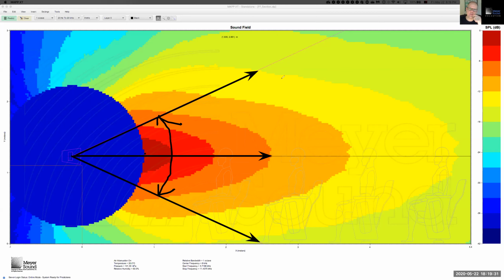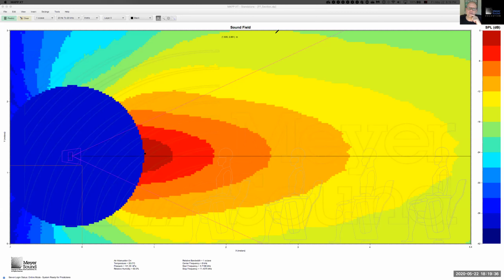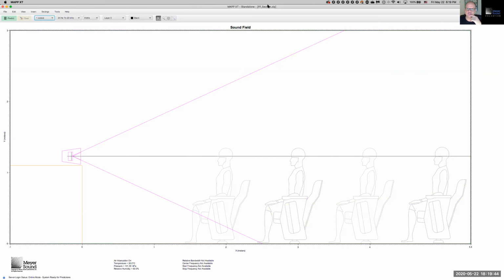So what does play a part? What is something that we need to be mindful of? Well, we need to be mindful of distance, because there's also another phenomenon which is known as the inverse square law, which states that if you double your distance, you lose 6 dB market share. Your level drops by 6 decibels.